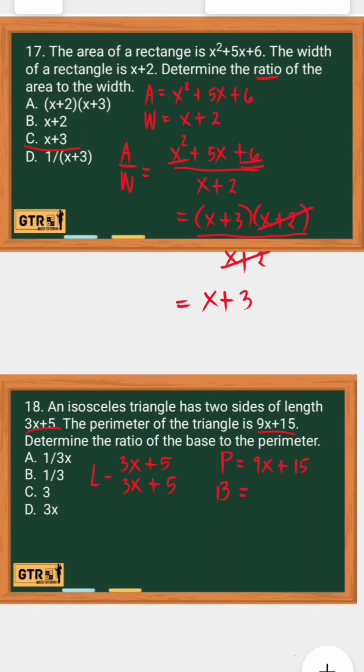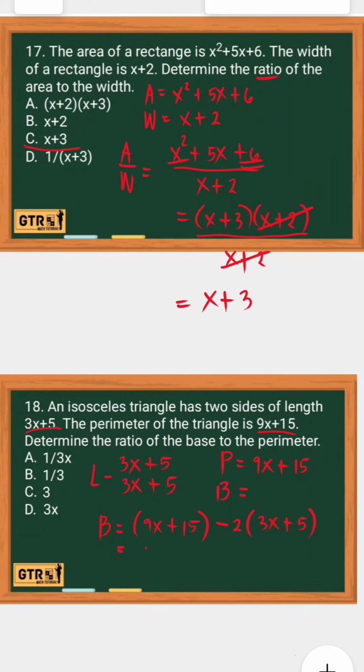Okay? So therefore, our B is equal to the perimeter, which is 9x plus 15, minus the two congruent sides. So minus 2 times 3x plus 5 will be the value of our B. Okay, so simplify.